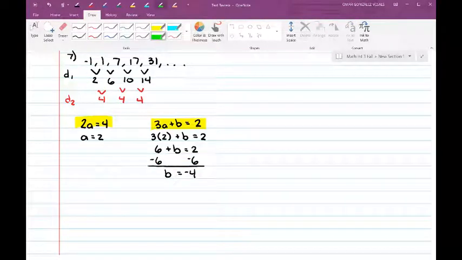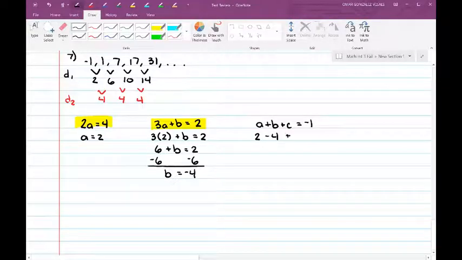Okay. And then I already found b. Now let's find c. a plus b plus c equals what? Negative 1. So what's c, guys? c is 1.